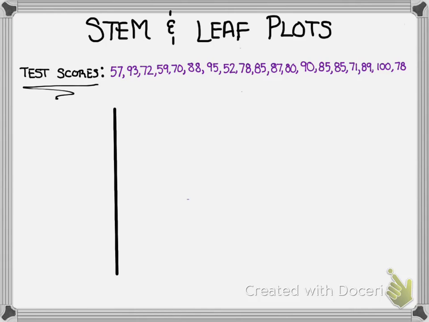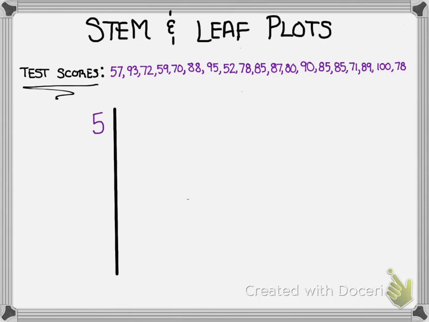When I go to make my stem and leaf plot, remember that I have to split the number in half. So looking at that 52, the smallest stem would be a 5. So I go down to my stem and leaf plot, and on the left-hand side, I put the stem of a 5. Now we took a look at our data and we saw that the biggest thing we had to go up to was 100.